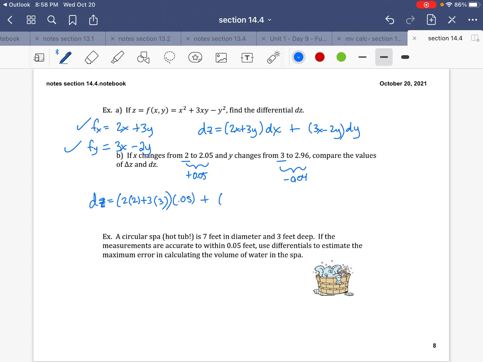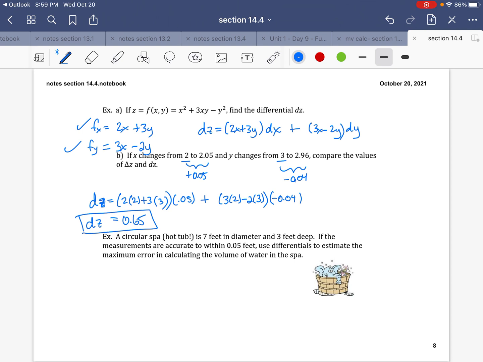Plus then I have 3x minus 2y, so 3 times 2 minus 2 times 3. So that's going to be 0, right? Times dy, so the change in y is negative 0.04. So calculate that out, and you get that dz is 0.65. Okay, so that is your change in your tangent plane.